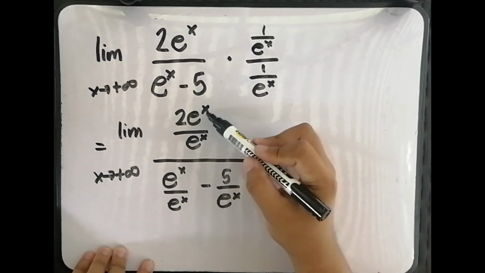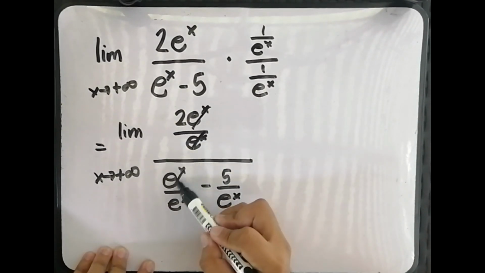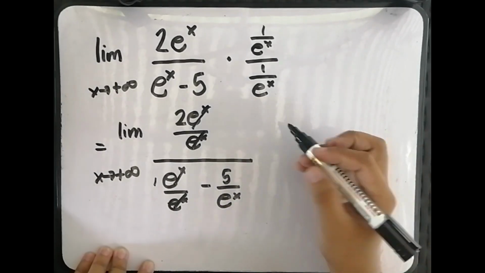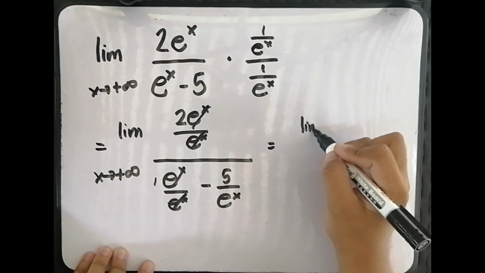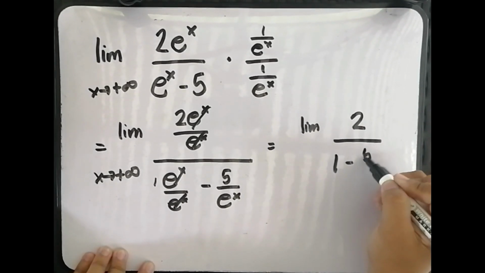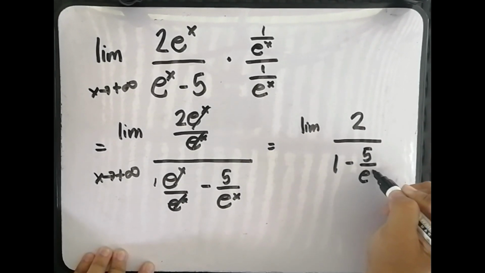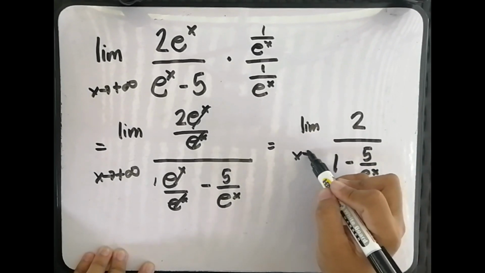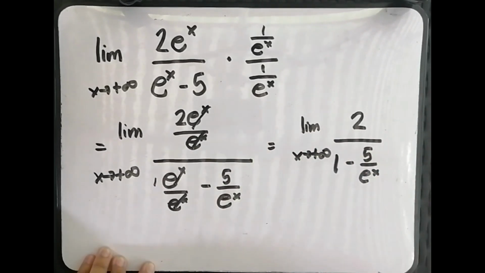Okay? So, pwede lang nating tanggalin to. At ito, magiging 1 na yan. So, this becomes the limit of 2 over 1 minus 5 as x approaches positive infinity.